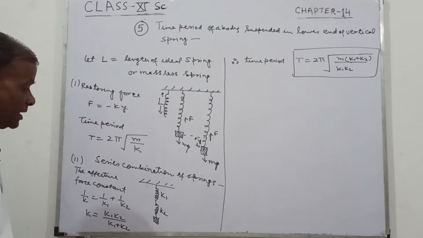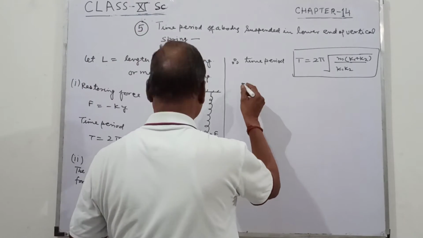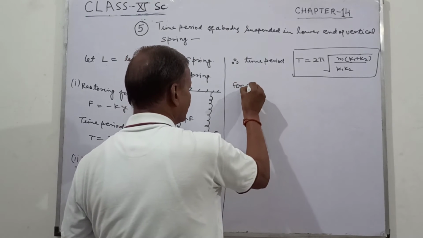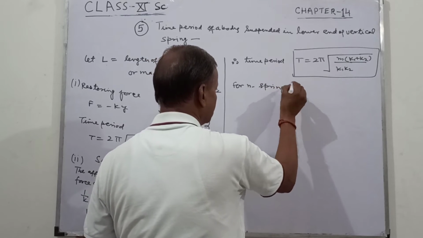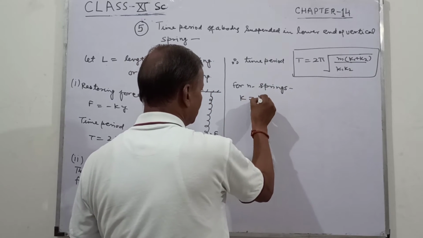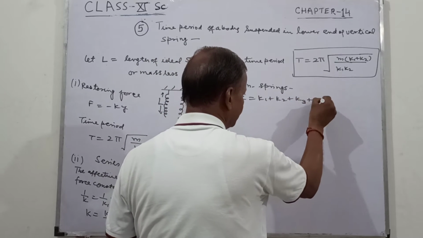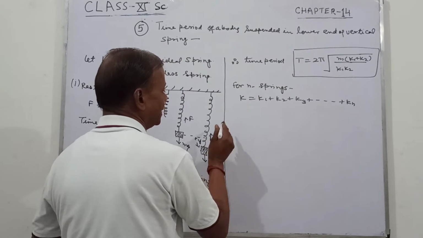So if suppose there are n springs which are attached, then K equals K1 plus K2 plus K3 and so on up to Kn.